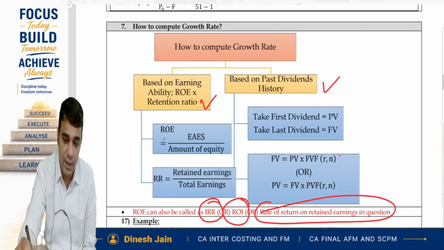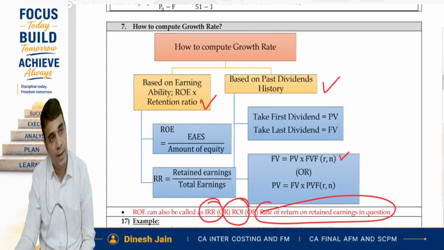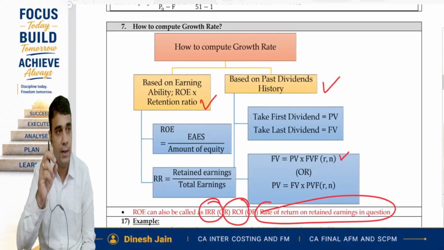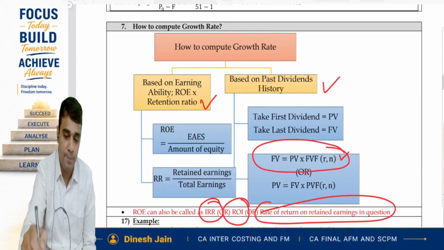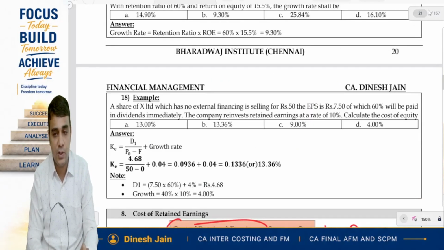We had future value is equal to present value into future value factor, and present value is equal to future value into present value factor. That factor table will be given in the question. If they give you future value factor, use the first formula. If they give you present value factor, use the second formula. Will I be using this formula?